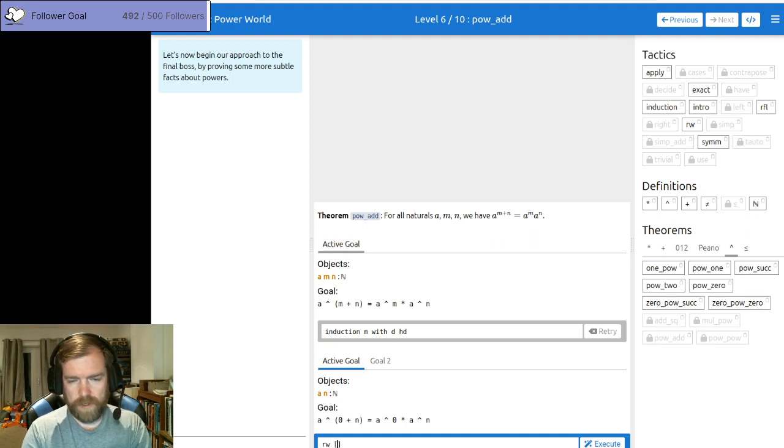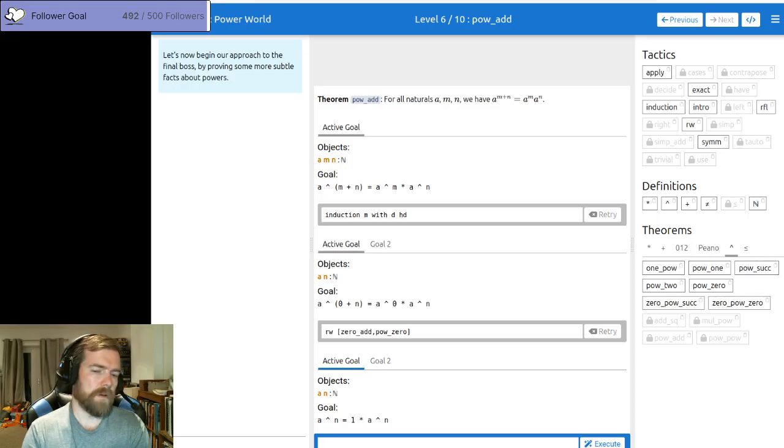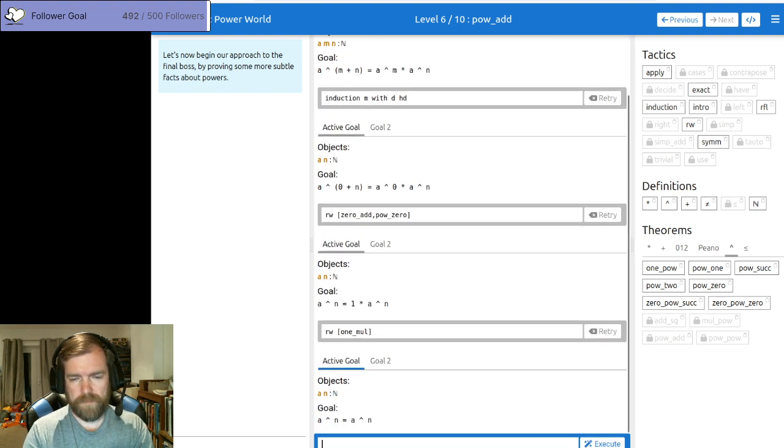So we're going to rewrite zero_add and pow_zero. Cool. So a to the n is equal to 1 times a to the n. So rewrite one_mul. Reflexive.